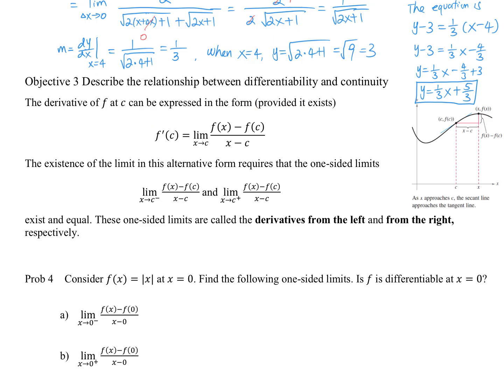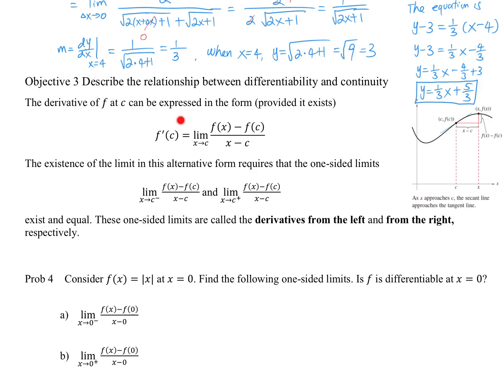So f prime of c is equal to the limit as x approaches c of f of x minus f of c over x minus c. Still the difference quotient. Here this is the change in y. You can see that f of x minus f of c, that's the change in y, delta y, right? X minus c, this is the change in x.